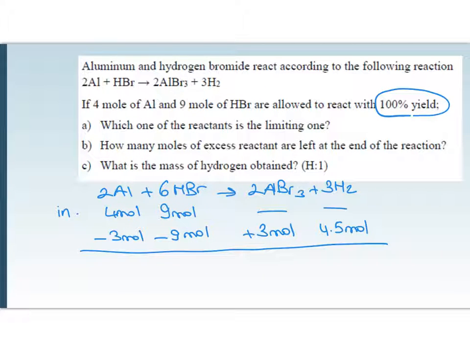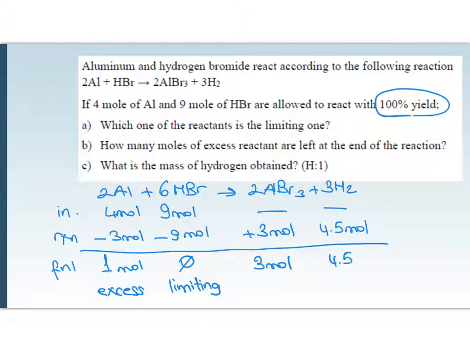So when you finish with the reaction, you're going to have your final mole numbers. 1 mole of aluminium is going to be excess. You have done with the hydrogen bromide, so this is your limiting reagent, and you have 3 moles of aluminium bromide and 4.5 moles of hydrogen. Now when you do that table, probably you're done with all the questions.